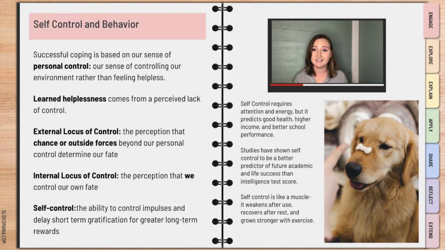So your level of intelligence has less to do with how successful you are than how much self-control you have, which is incredible, right? Self-control is like a muscle. If you don't use it, it gets weak. It recovers after a rest period, and then it grows stronger with exercise. So as you continue to use it, it gets stronger and stronger.